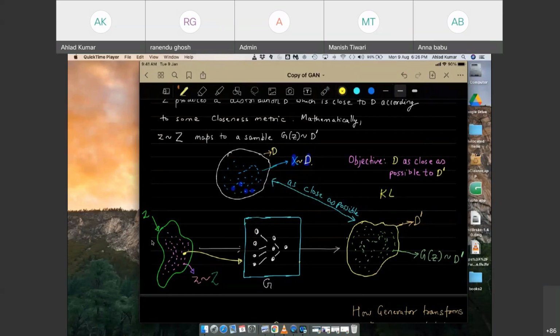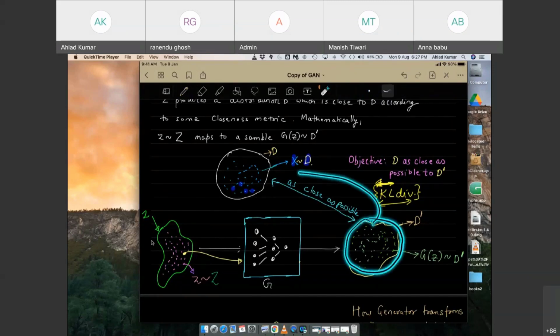It's basically KL divergence. If you observe the derivation of the generative adversarial network, KL divergence comes into play. This metric compares the two distributions D and D hat and makes them close to each other. So let us see how we can do that.